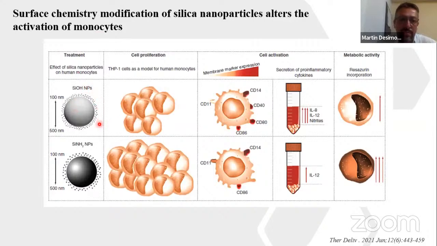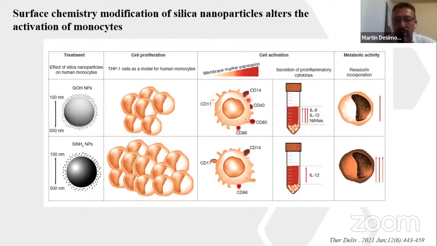With negative zeta potential particles, those with silanol groups on the surface, you observe that the proliferation of the cell was lower, as I mentioned in the example before. There is a strong activation of these cells with an increase in the production of different interleukins, interleukin 8, 12, nitrates.